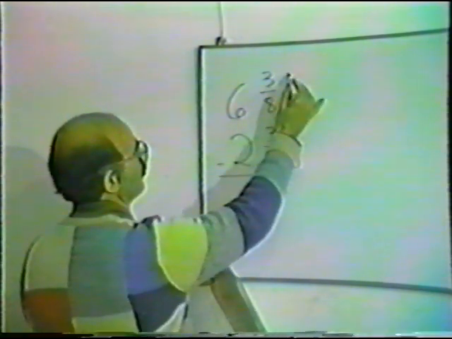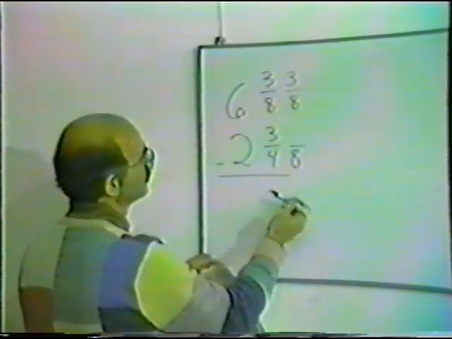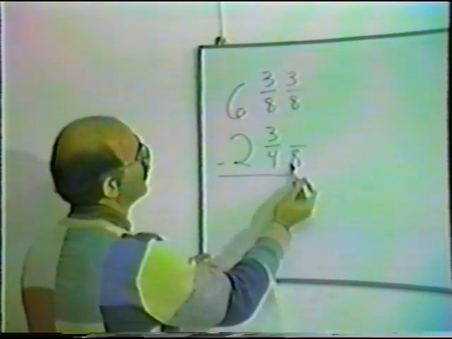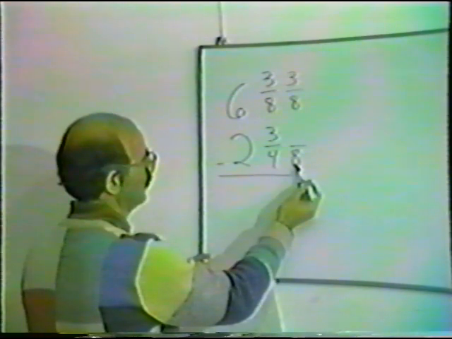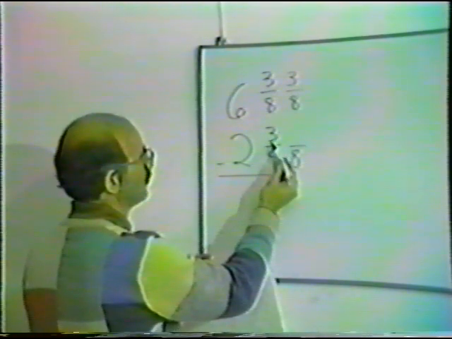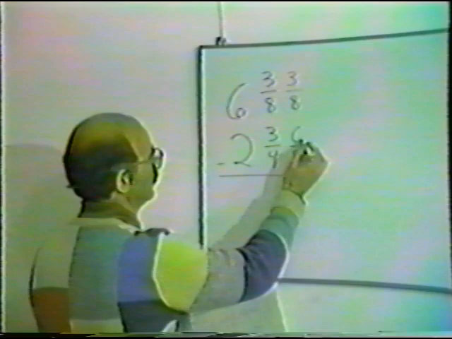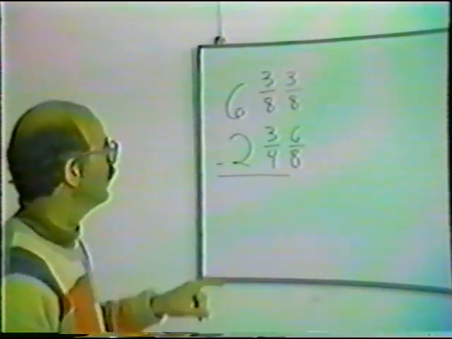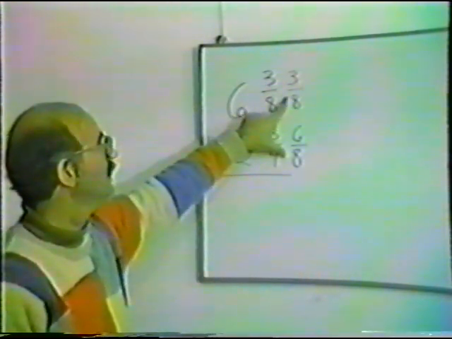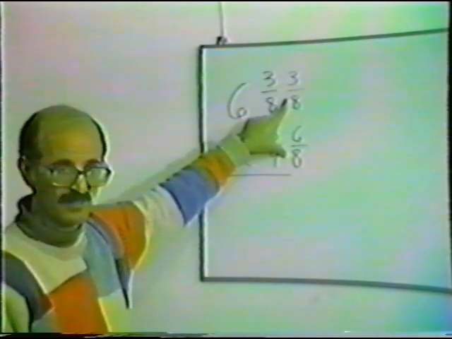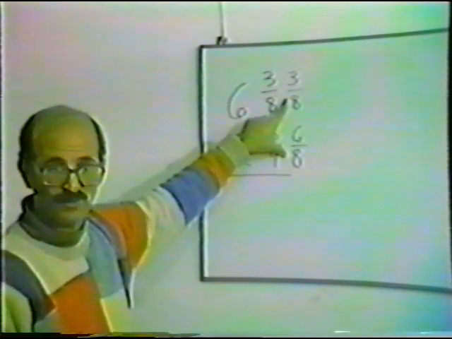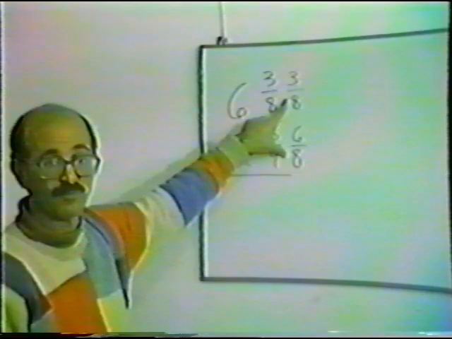3/8 is still 3/8. 4 into 8 is 2. 2 times 3 is 6. First, you make them like fractions. Then you see if you have to borrow.